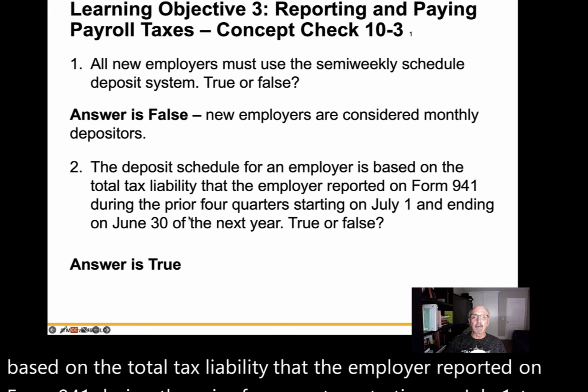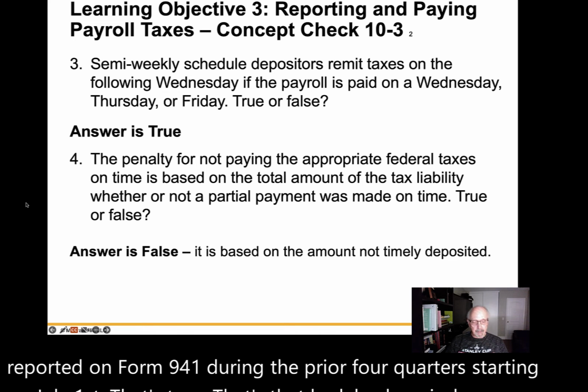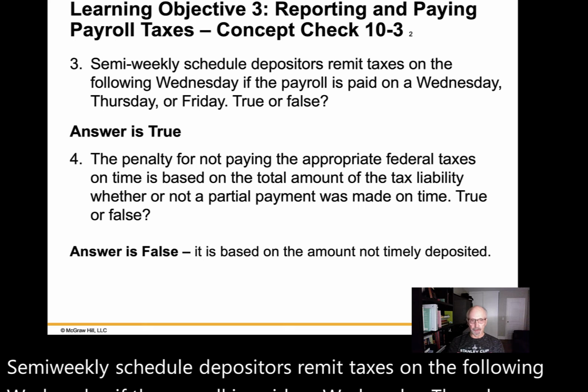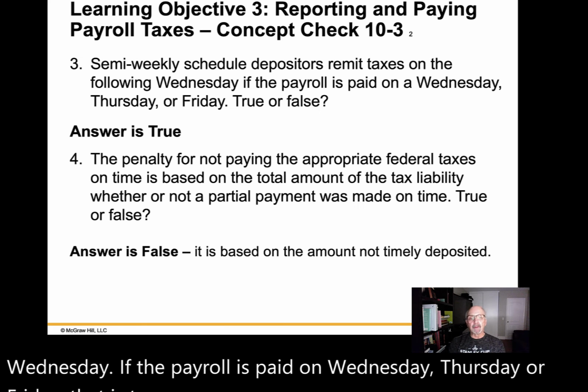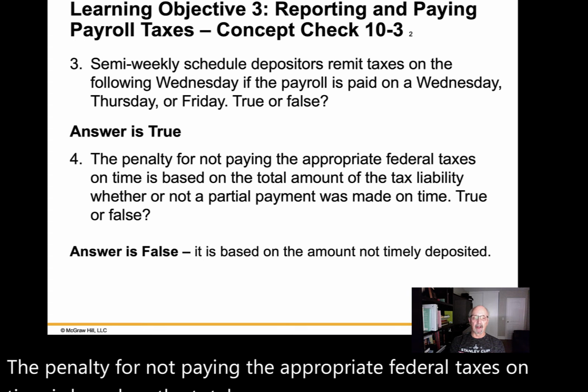That's that look-back period. Semi-weekly scheduled depositors remit taxes on the following Wednesday if the payroll is paid on Wednesday, Thursday, or Friday. That is true. The penalty for not paying the appropriate federal taxes on time is based on the total amount of the tax liability. No, it's based on what wasn't paid.